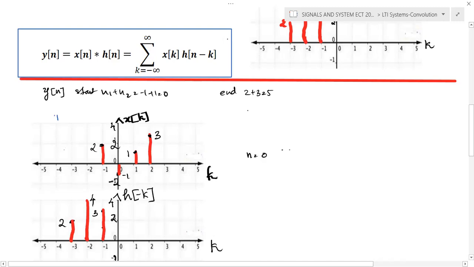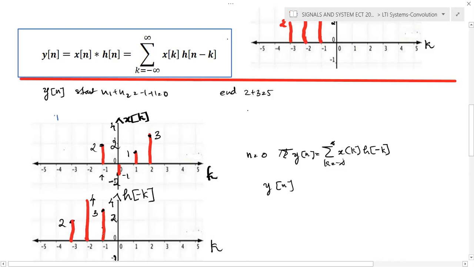If you write n is equal to 0, your equation y of n becomes sigma k is equal to -infinity to infinity x of k into h of n minus k, n is 0, so you will get simply h of minus k. And we know the signals x of k and h of k. So we need to multiply x of k and h of minus k, and then we need to add. So if you look at this particular equation, the non-zero magnitude of x of k is at minus 1 at this particular point, and we need to observe the corresponding value of h of minus k.